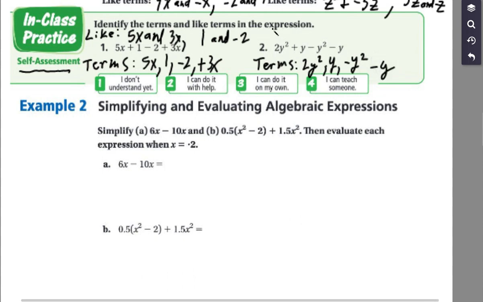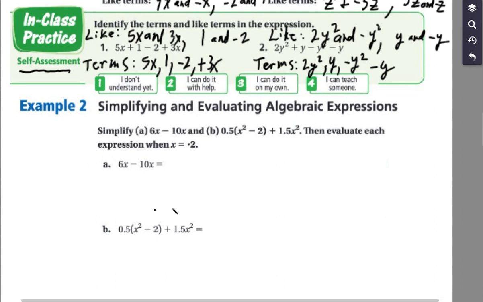Okay, so then the like terms are the 2y squared and the negative y squared. And then we would have the y and the negative y. So those are the like terms in that.